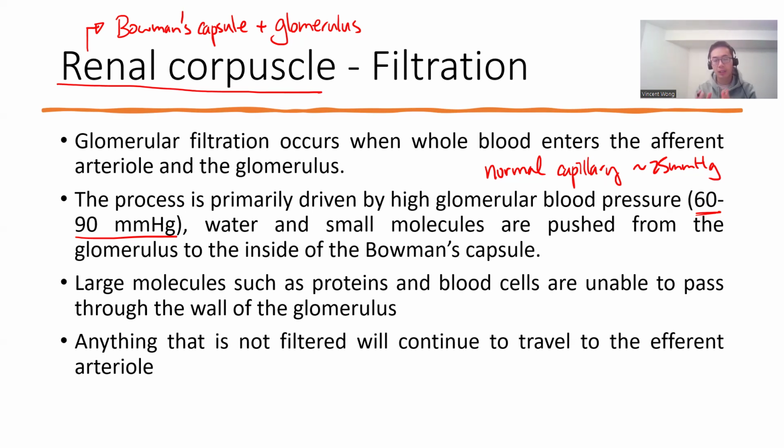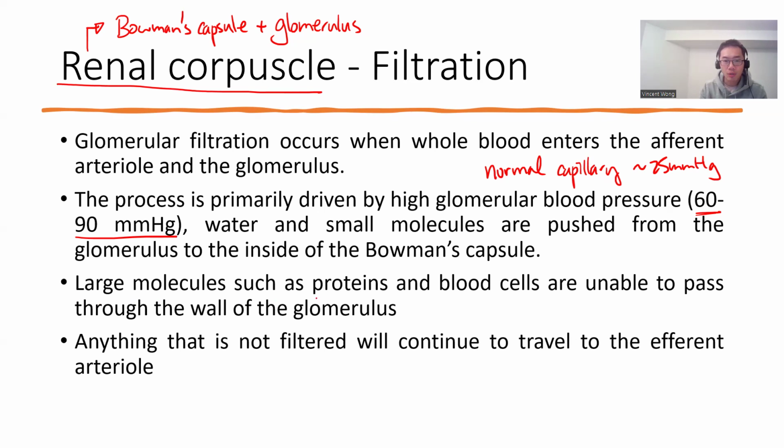And that pressure, combined with the fact that the glomerulus is leaky, is able to push out a lot of fluid. Along with the fluid, we have dissolved solutes, and all these things are going to be captured by the Bowman's capsule.